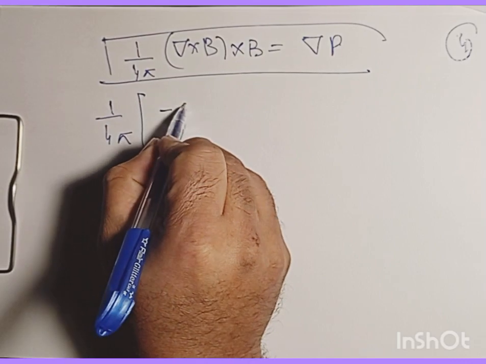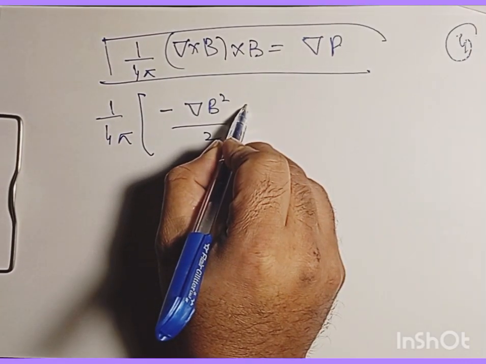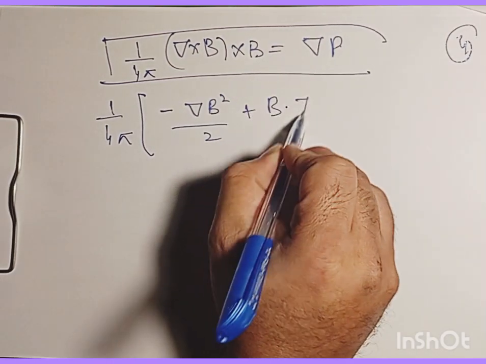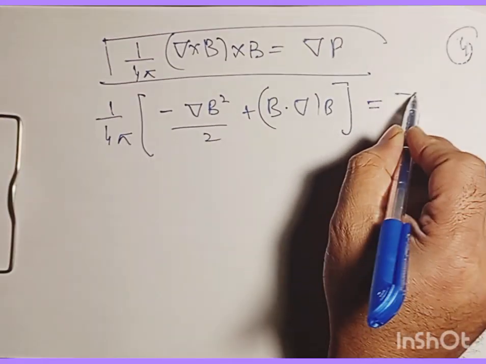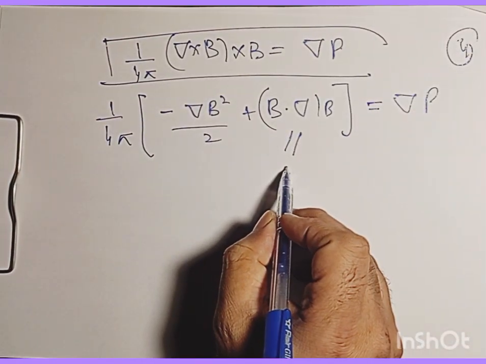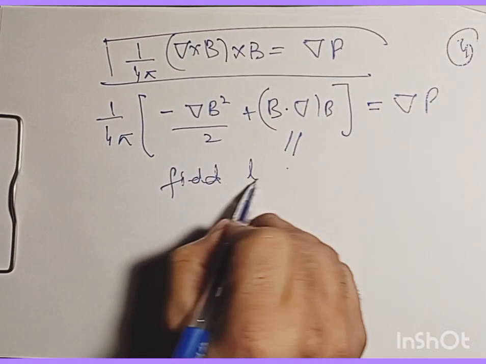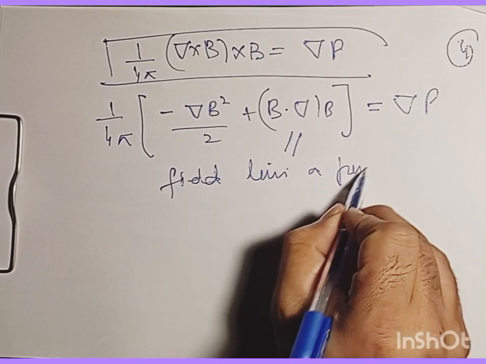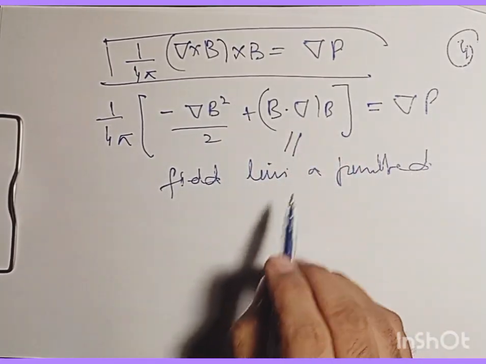What we will have is 1 by 4 pi, this is minus del B square by 2, and then plus B dot del of B is equal to delta P. And this term is immediately equal to 0 because we are assuming field lines to be parallel. So this B dot del is immediately equal to 0.